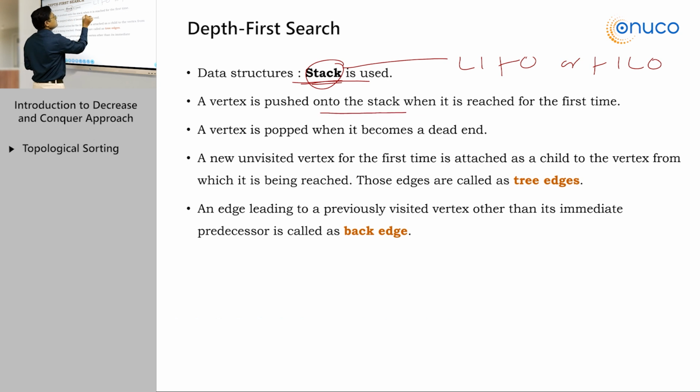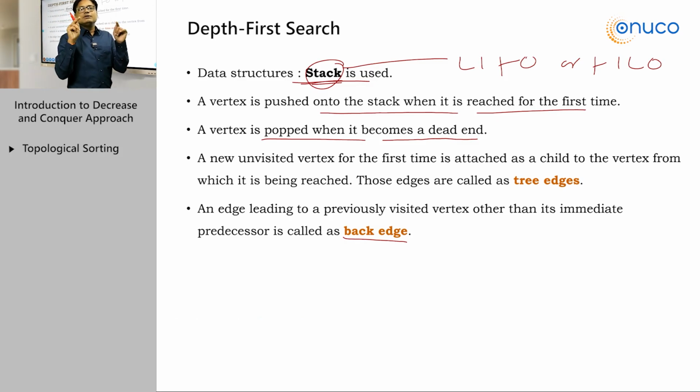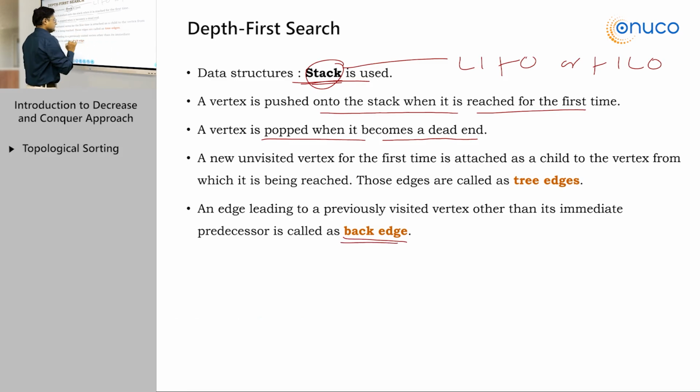A vertex is pushed into the stack when it is reached the first time, and a vertex is popped when it becomes a dead end. Remember that when you revisit a vertex, suppose you are visiting the same vertex a second time, then that particular edge, between A to B, is called a back edge.